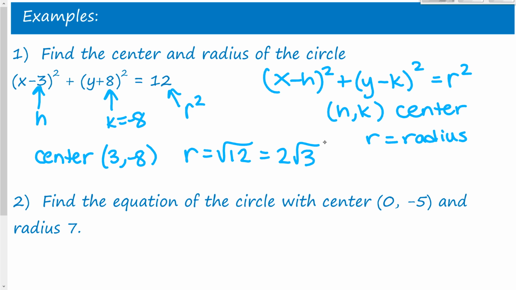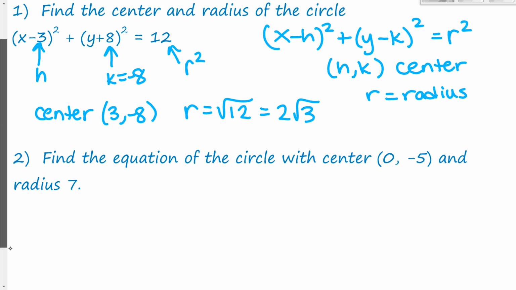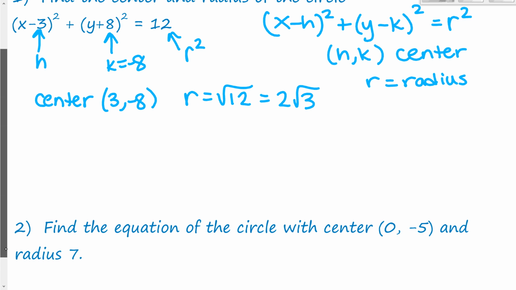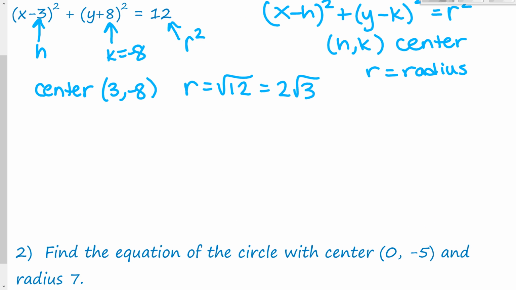If you were graphing that circle, you would plot the center. In fact, let's go ahead and make some room for this. If you were graphing that, (3, -8). Okay, so let's just make a rough sketch. (3, -8), you would plot the center, okay? And then from there, you would approximate 2 square root 3.